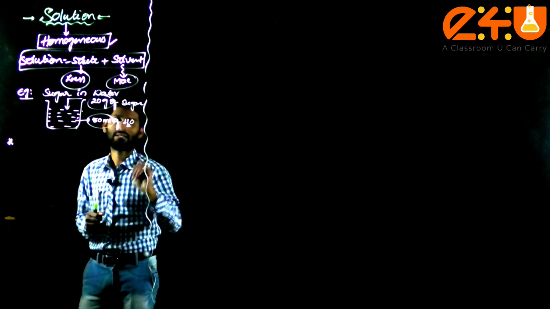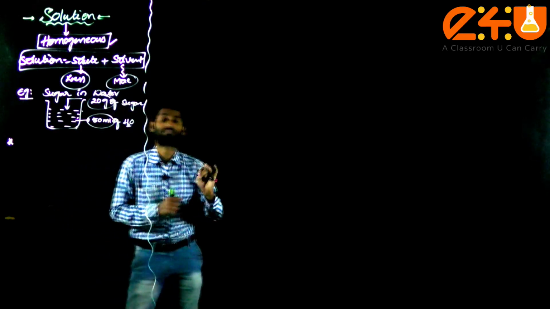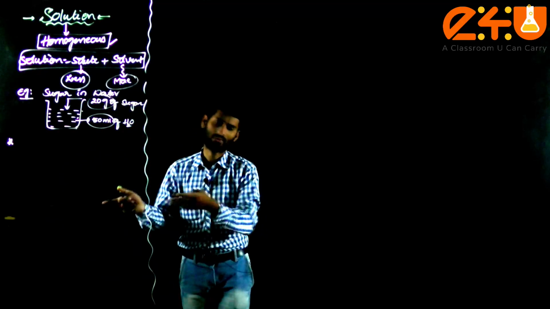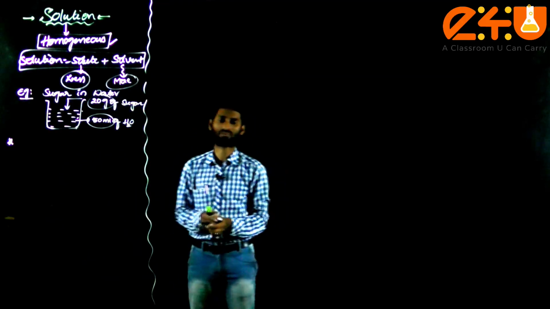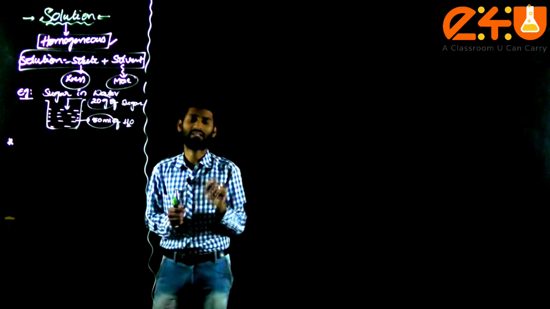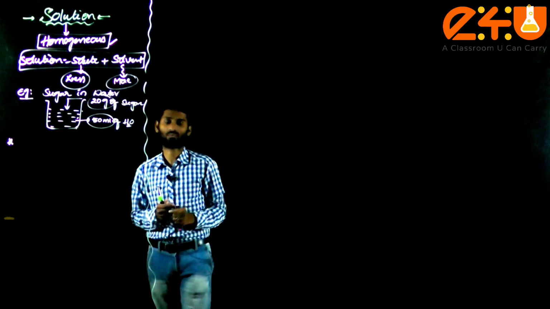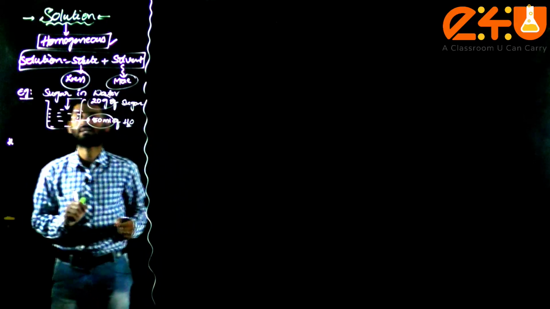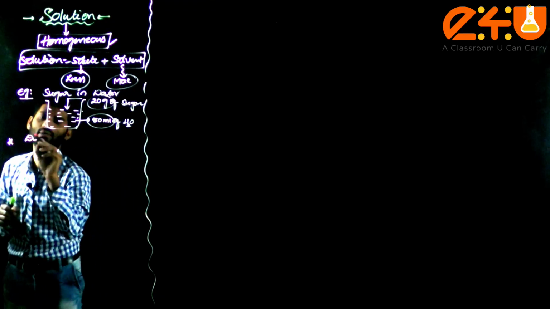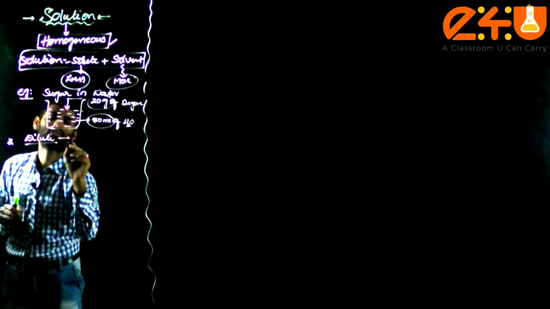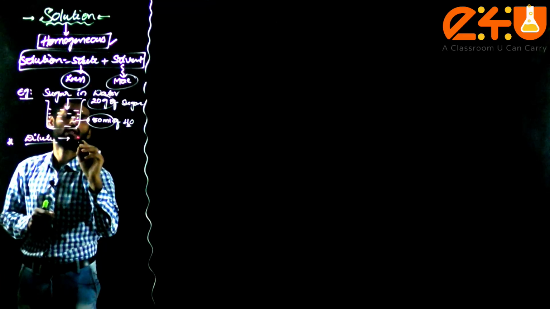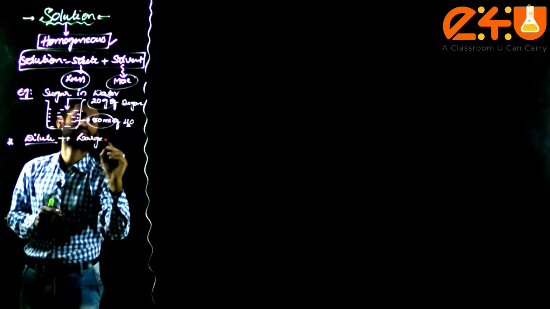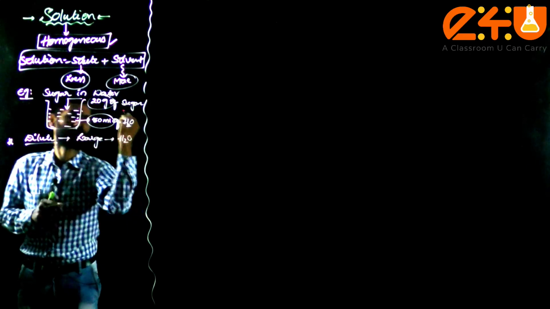One is called dilute solution, the second is concentrated solution. If you go to the chemistry lab, we will observe DIL-HNO3 or CONC-HNO3, like that they will be mentioned. Dilute means which one is the more quantity here? The large quantity will be water. Correct or not?